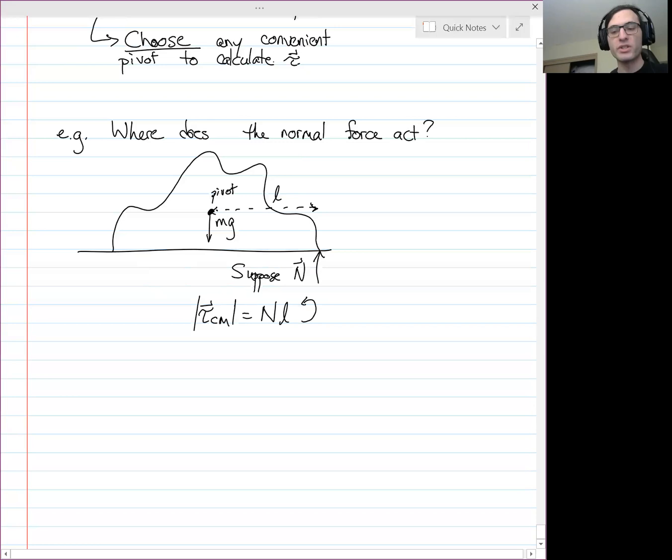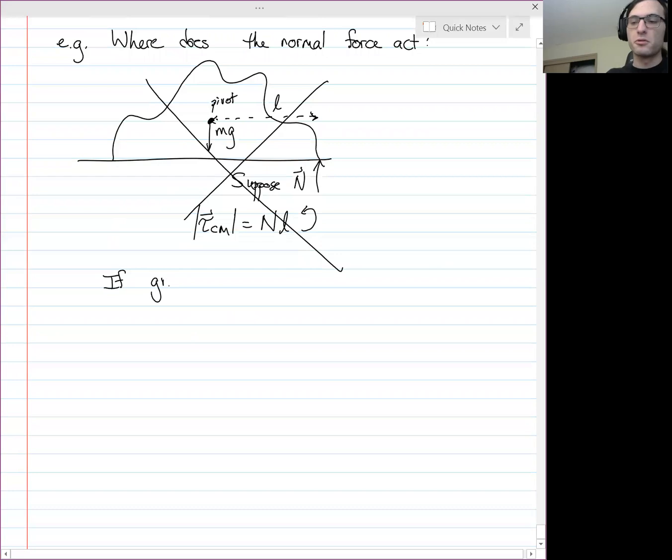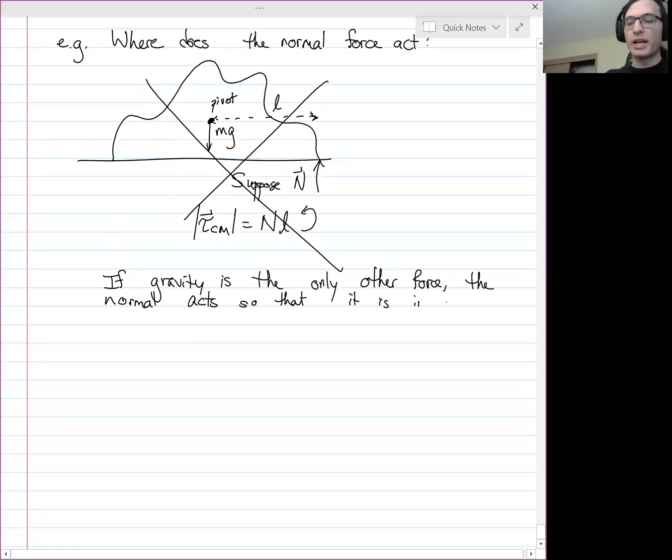But if those are the only two forces, then the torque isn't 0. So in fact, what we find is that, let me make this precise, if gravity is the only other force, the normal force acts so that it is in a vertical line with the center of mass.